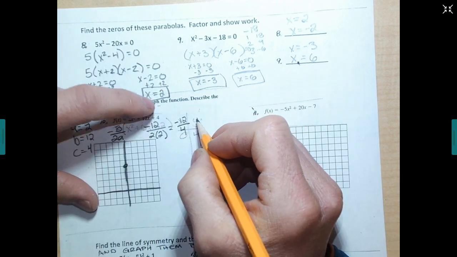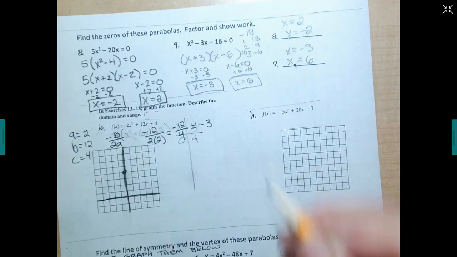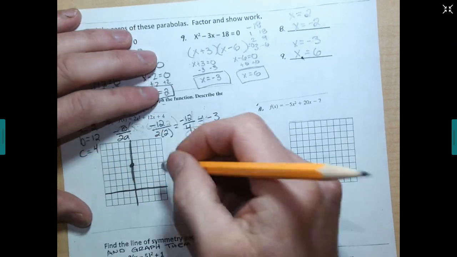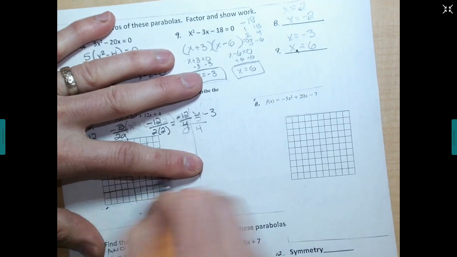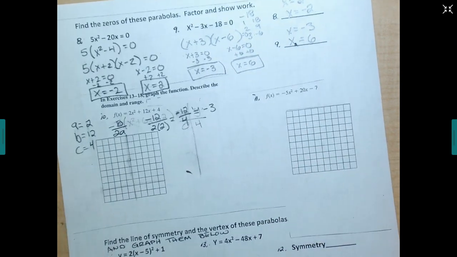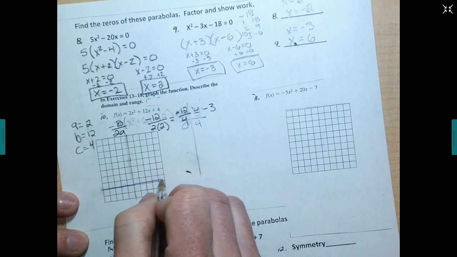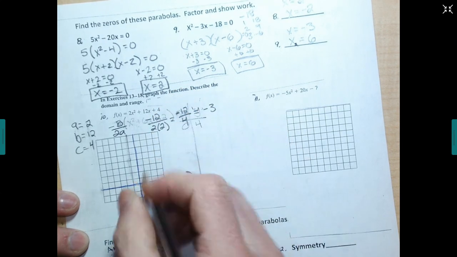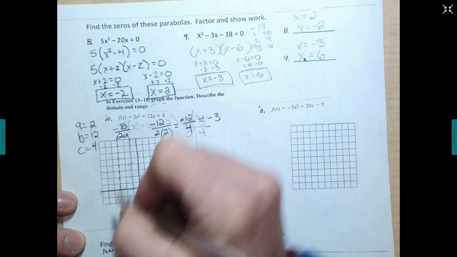So that is -3. So I'm going to redraw this. Our axis of symmetry is -3. So let's draw this like this. -3, 1, 2, 3. So this is our axis of symmetry.